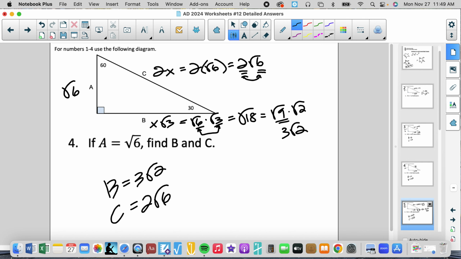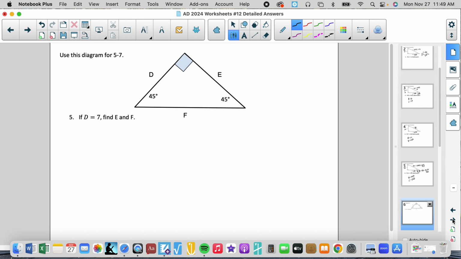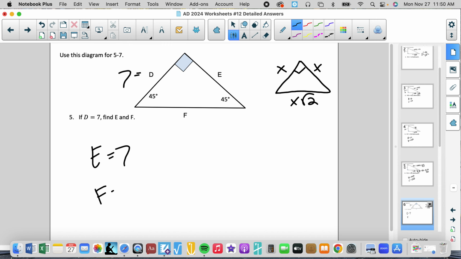I like that problem a lot. That's going to be one of the problems that you'll probably see. And that's a fun one. All right, now we're dealing with the 45, 45, 90. With that, the sides are going to be x, x, x rad 2. So if D is 7, so x is 7, E is also going to be 7, and F is going to be 7 rad 2.